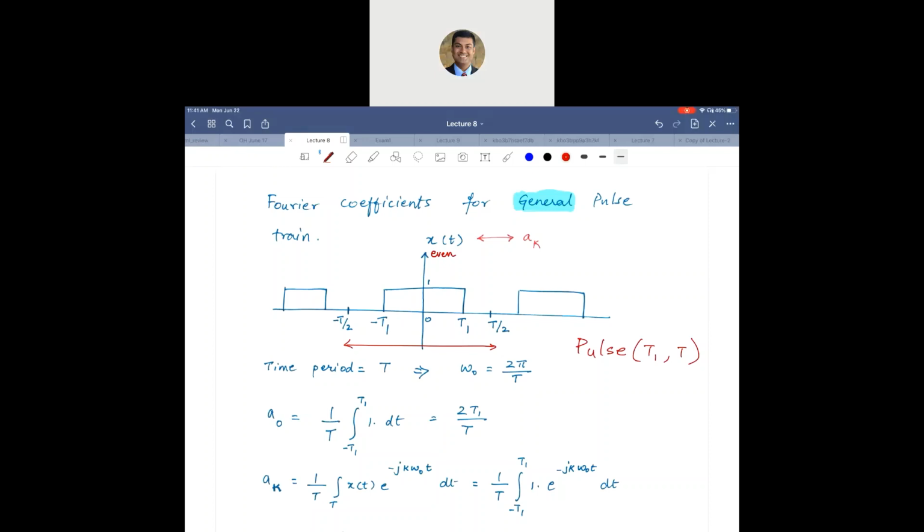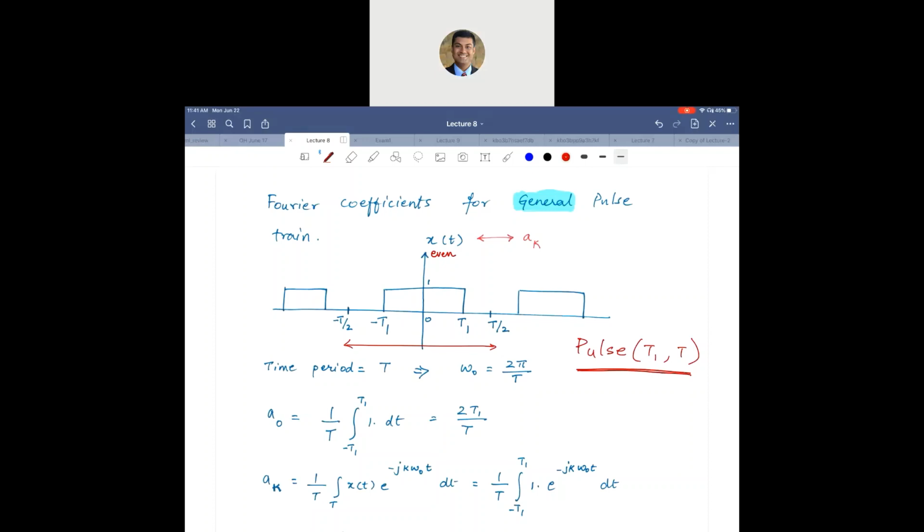You can denote all this information by simply writing pulse, and inside the parentheses you write t sub 1 comma T. T sub 1 indicates the time for which it is on, T indicates the time period of the pulse train.